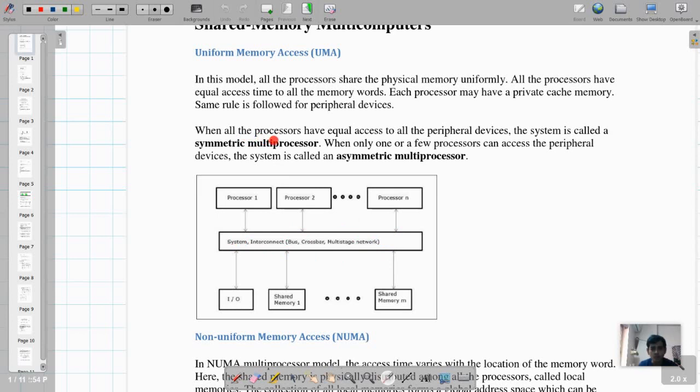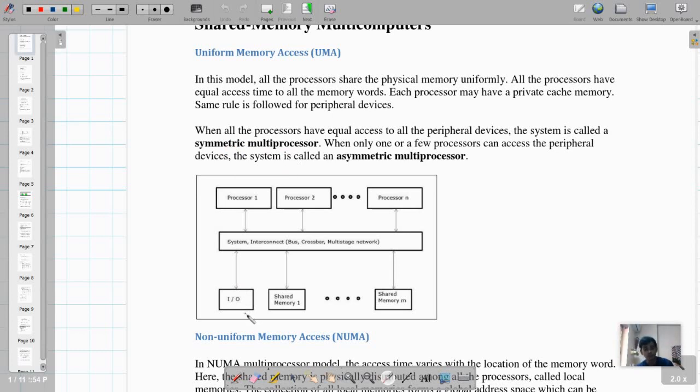When all the processors have equal access to all the peripheral devices, the system is called a symmetric multiprocessor. It means that all the processors have equal priority to all the shared memory units as well as to all the peripherals, and then it will be called a symmetric multiprocessor.